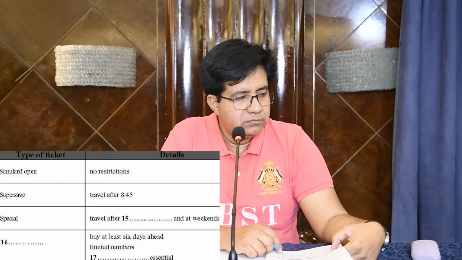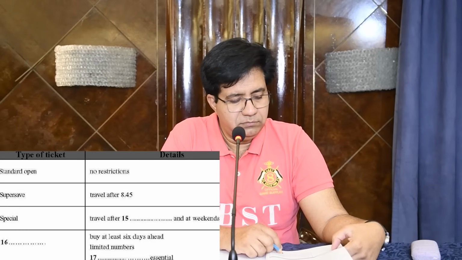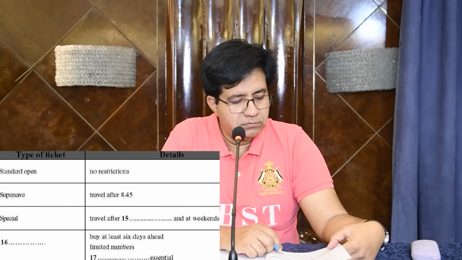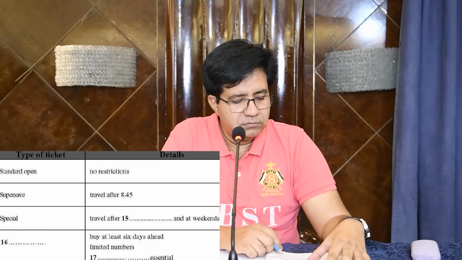You can also get various discounted tickets. A popular one is called the Super Save, and this is okay for travel after 8:45. Then there is the special ticket, which is valid for travel after 10:15. The special tickets are also valid for travel at weekends.